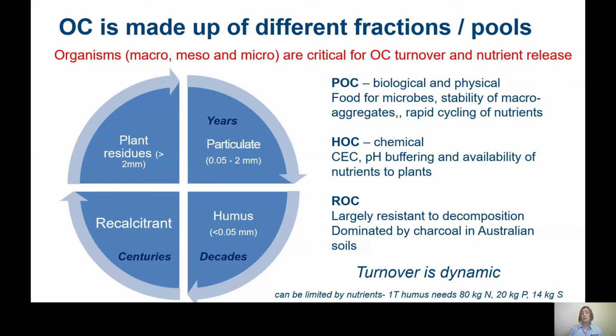What he found was that to get about a tonne of humus, you need a proportion of nutrients, roughly 80 kilos of nitrogen, 20 kilos of phosphorus, and 14 kilos of sulfur. So the nutrition, the fertility or the composition of our soils can have quite a large effect on how these fractions are turning over.